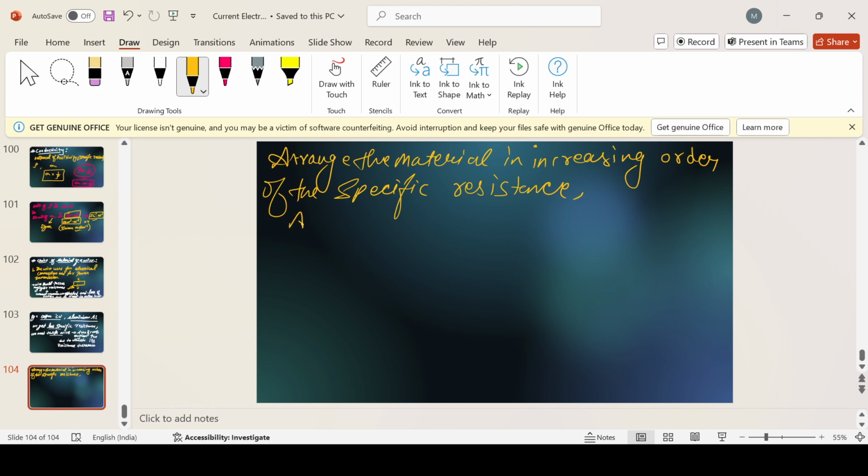Materials given: aluminium, copper, silver, iron. Yes, do it everyone, fast.